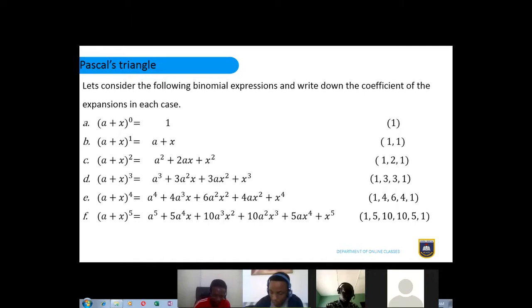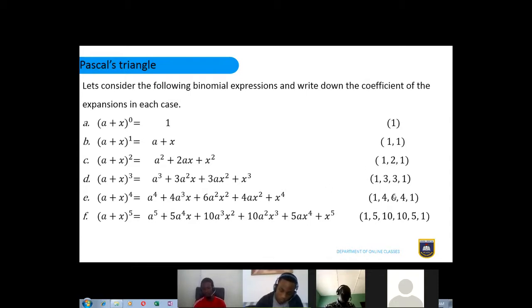The D, we have the first coefficient to be 1, the second one to be 3, the third one to be 3, and the fourth one to be 1. And then the E, we have the first coefficient to be 1, the second 4, the third 6, the fourth 4, and the fifth 1.